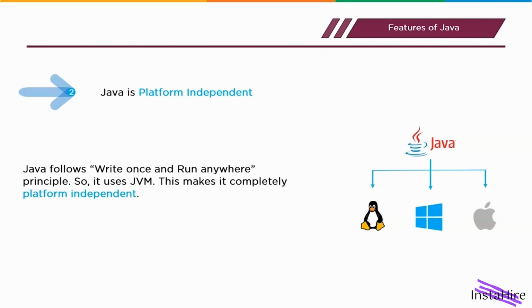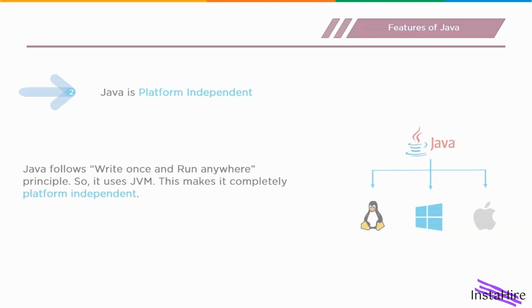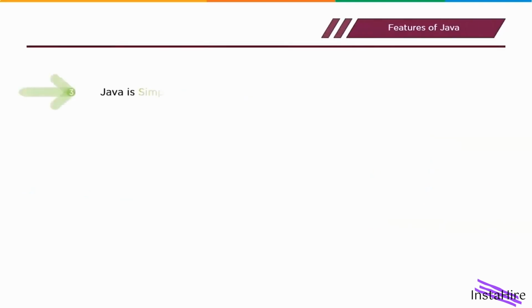So this particular bytecode will be sent to the Java Virtual Machine for compilation. So the Java Virtual Machine will compile the bytecode instead of the code itself. So this particular feature allows the Java Virtual Machine to perform on any device regardless of the operating system platform it is running on. So followed by the second feature, we will dive into the third feature.